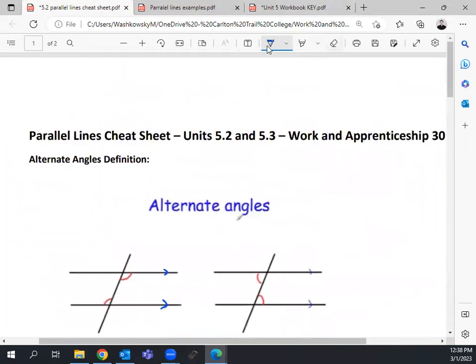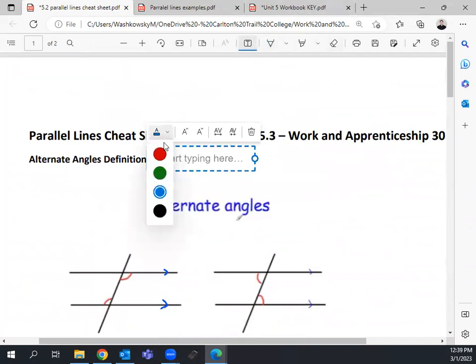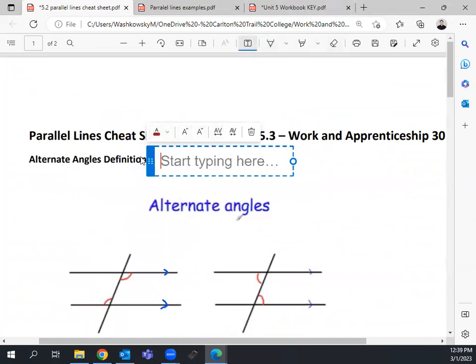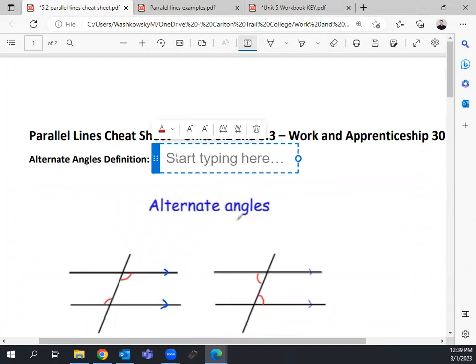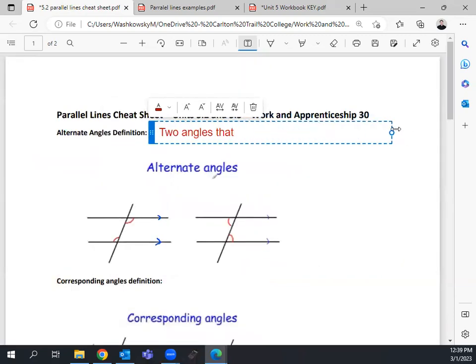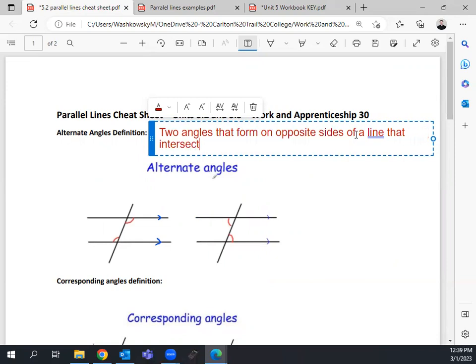So we're going to start off here with something called an alternate angle. Let me make that red and make that bigger. When you have alternate angles, basically these are 2 angles that form on opposite sides of a line that intersects 2 other lines.